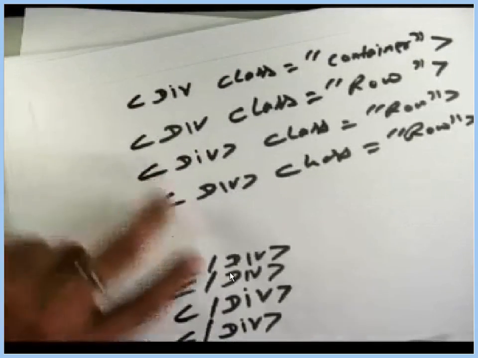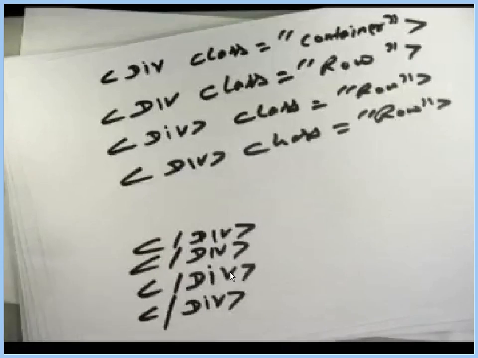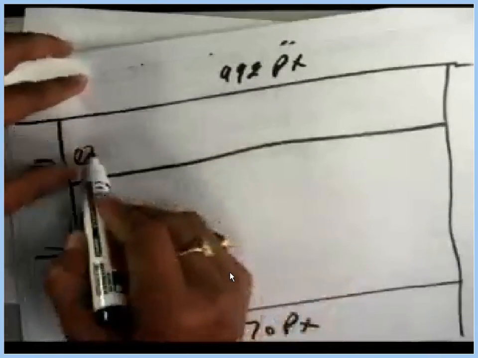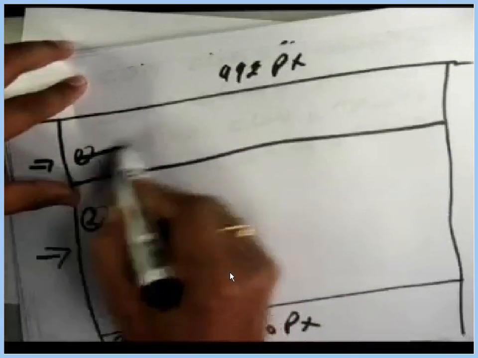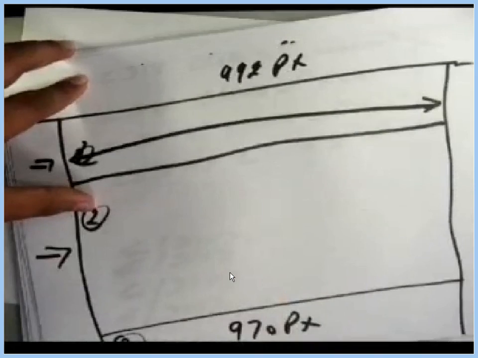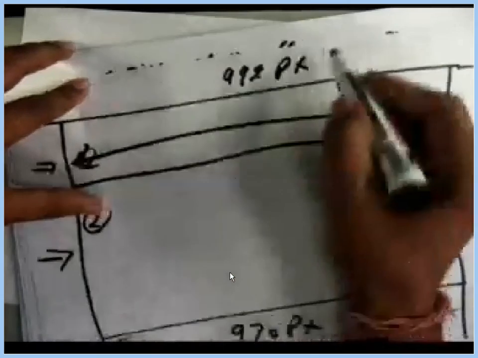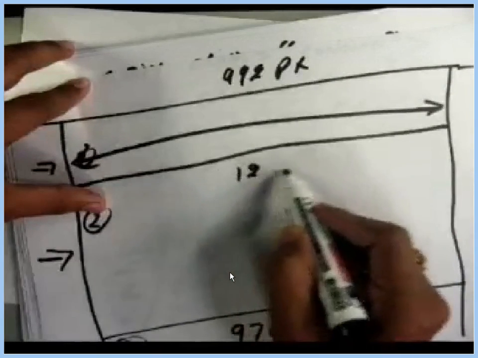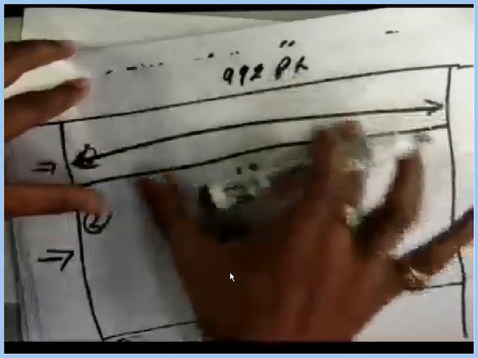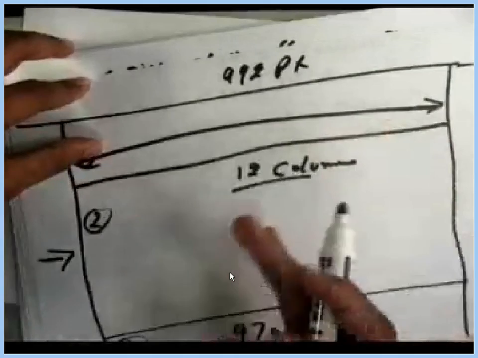Okay. Now, what I was trying to explain is, in one row, from this place to this place, I can add a maximum of 12 columns. It means I can divide this row into a maximum of 12 columns.